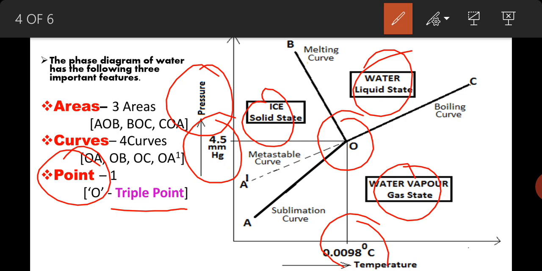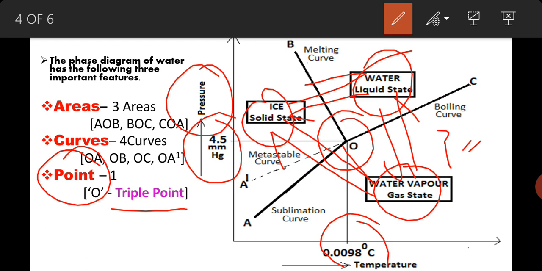At this point, the three phases are in equilibrium. Here, the phases present are 3 and the component is 1.